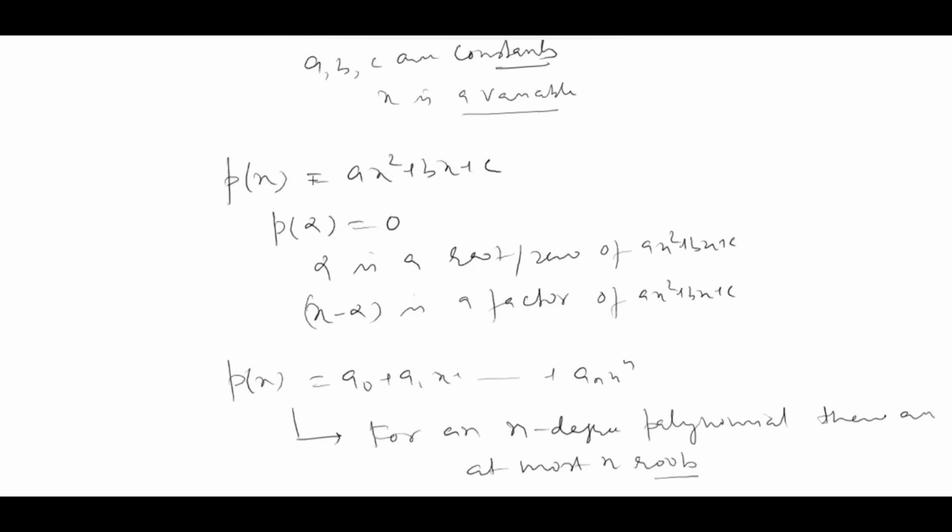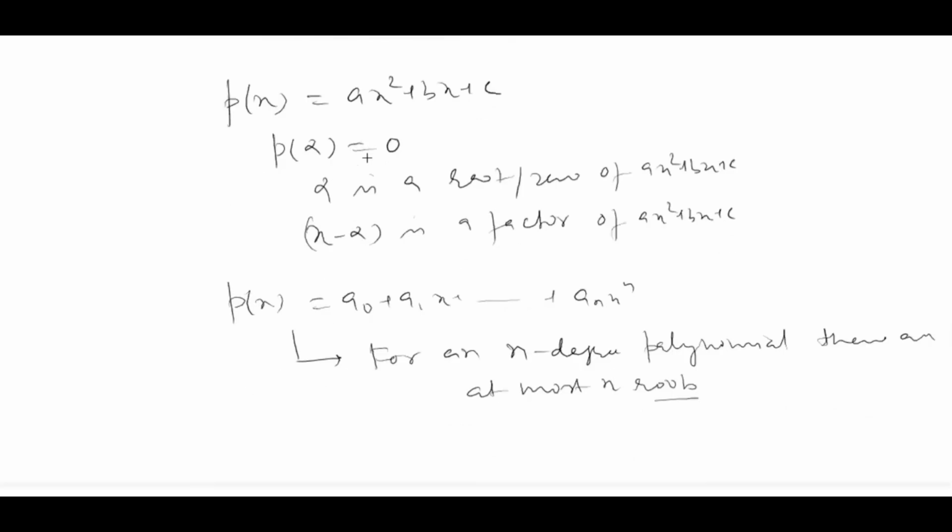So a quadratic expression will have at most two roots. This ax² + bx + c = 0 will have at most two roots. What we mean by roots is the values of x for which this expression turns to 0.